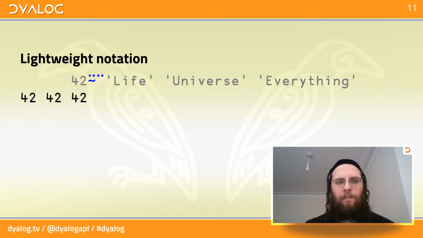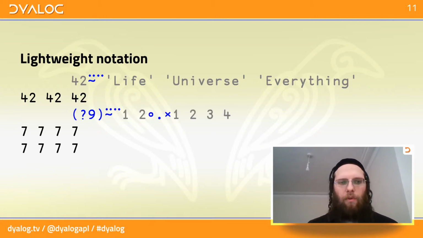Where it really shines is in combination with various operators. So here, for example, we can take this constant and replace every element. That's constant each. Or we could do it on a higher rank array, and it would give us a similar result.